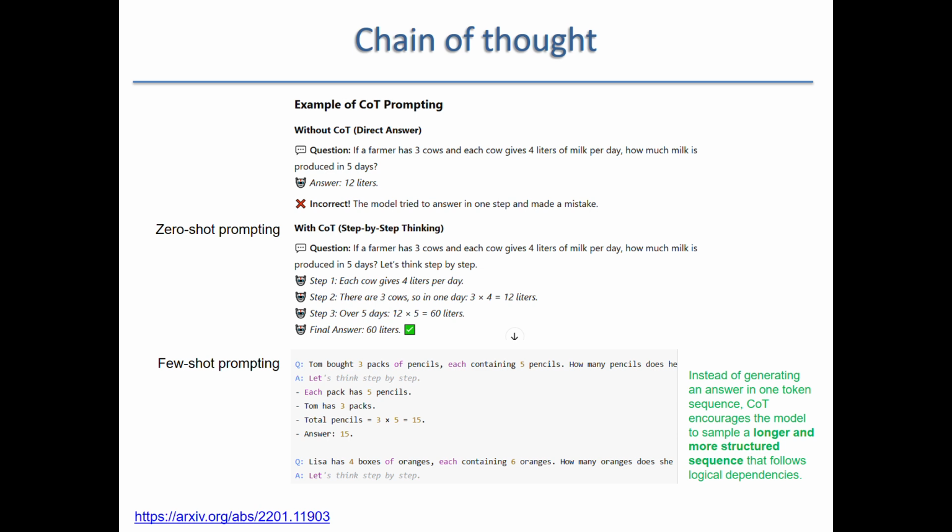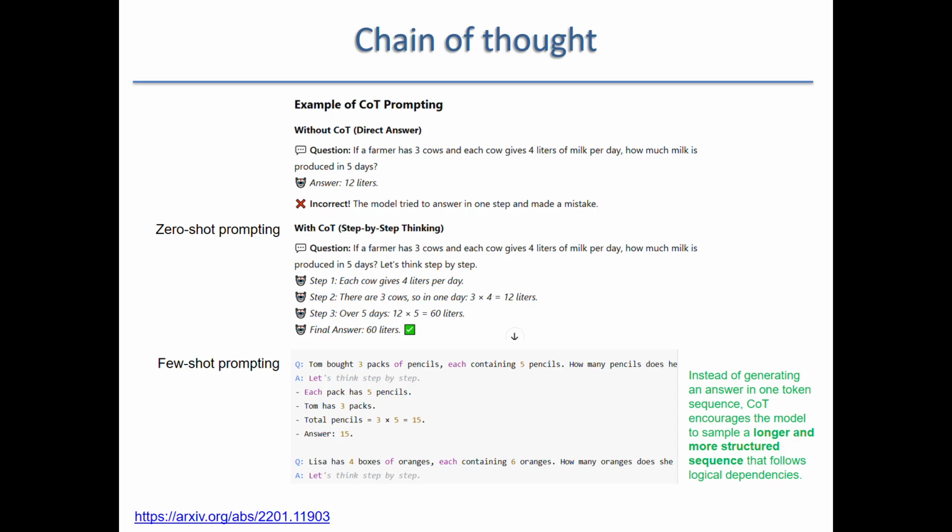A few shot prompting would be where we give reasoning examples. So we will ask about the farmer and the cows and the milk, but before doing that, we are giving examples of reasoning. So Tom bought 3 packs of pencils, each containing 5 pencils.